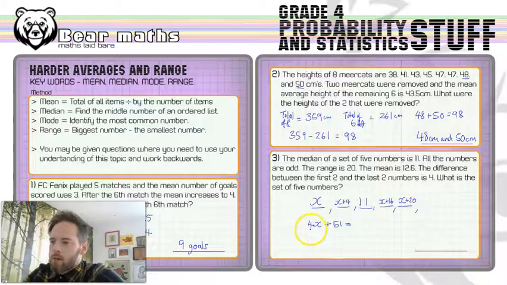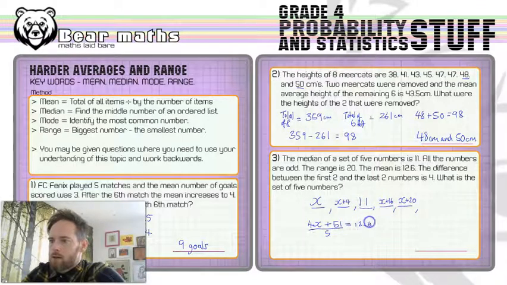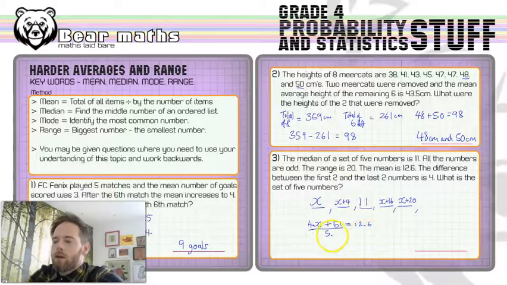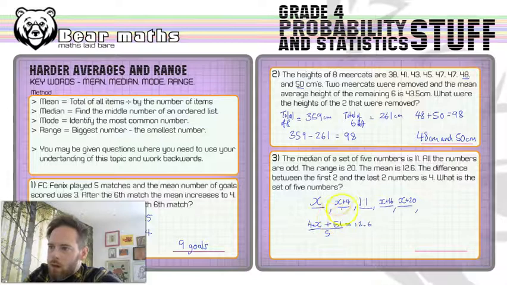Equals, and then we don't know what that equals yet, and then we have to say it divides by 5, and then it equals 12.6, because that's how you calculate a mean, much like the first question, right? Again, we formed a very similar equation there. 4x plus 51 is what we get by adding all of these numbers up. We divide by 5, because there are 5 numbers, and that gives us our mean.